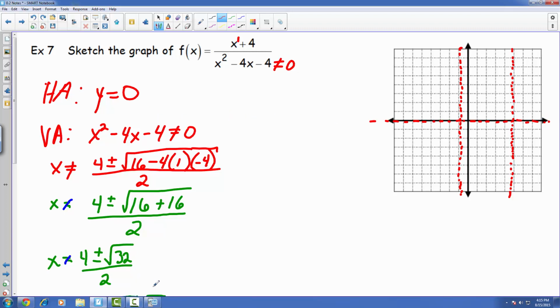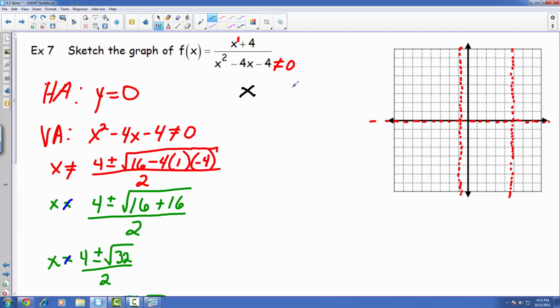Okay. Now, since we have 3 individual spaces, because we have 2 vertical asymptotes, we're going to choose some numbers to the left of this VA right here, this negative 0.8. We're going to choose some values in between them, and then some to the right. So let's go ahead then and create a table.